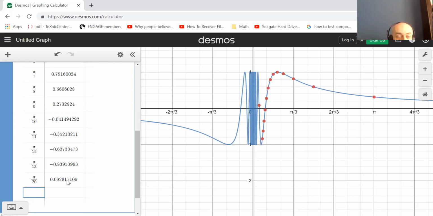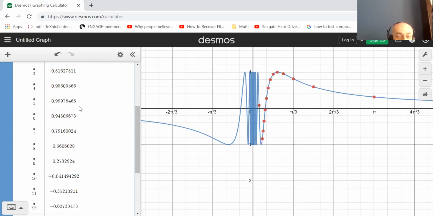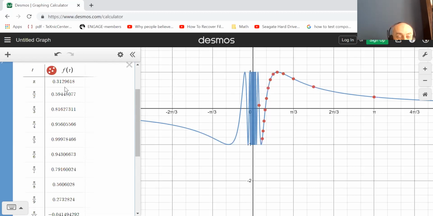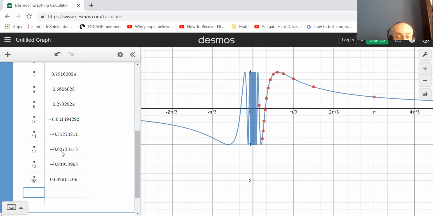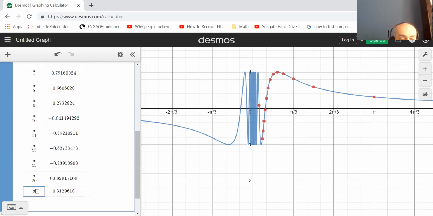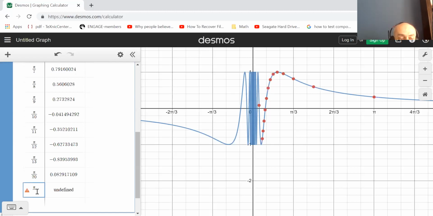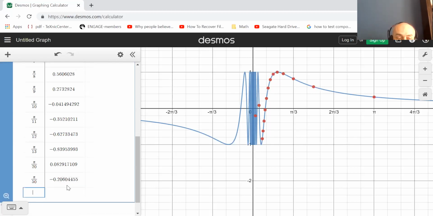And look at pi over 20 is positive. So look at these folks. We get a bunch of positive numbers growing and then decreasing, and then the negative numbers, and then positive numbers again. What's going on here? So if we do pi over, let's say 50, well, that's again a negative number. And let's see if we do pi over 100.